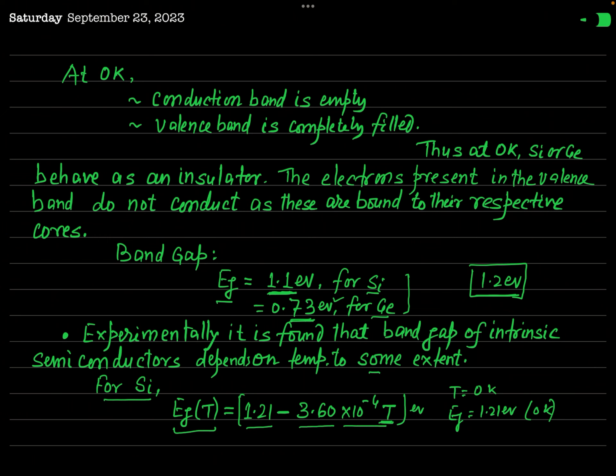Band gap of this semiconductor decreases with temperature T. And if you are talking about the temperature of 0 Kelvin, what will happen? When T is 0, you can see the second term will vanish and Eg will be equal to 1.21 electron volt.